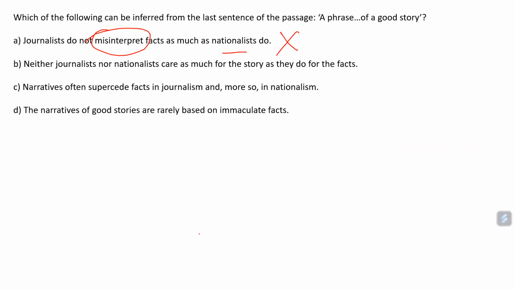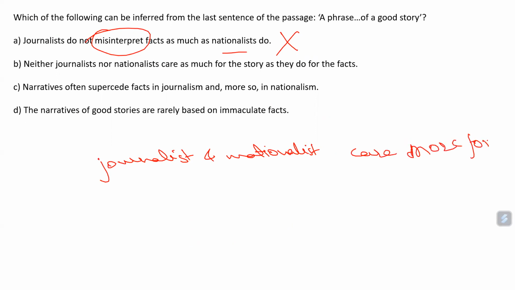That journalists and nationalists care more for the story in comparison to what? In comparison to facts, right? So this might be an option because that is directly stated.